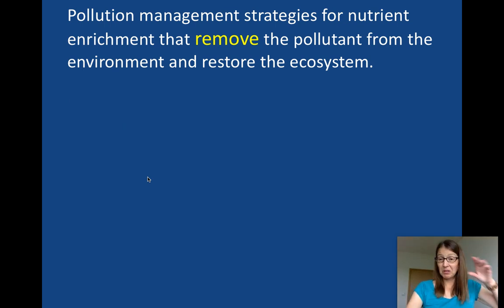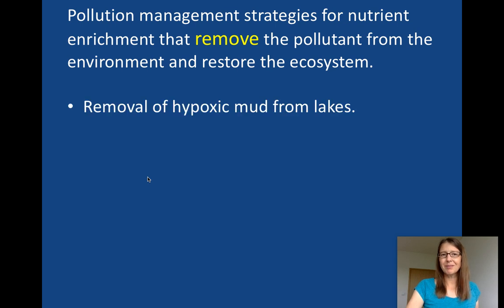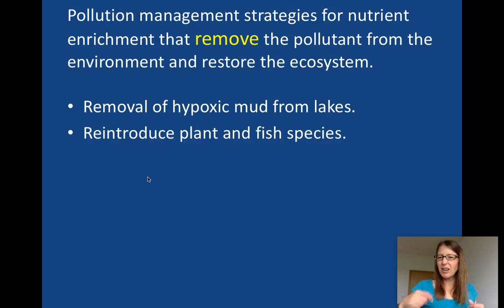And then finally, okay, eutrophication has happened. You've gotten those nutrients into the water. So what do you do? You can either remove the pollutant or you can restore the ecosystem. Right? Well, it's really hard. The hypoxic mud, the mud at the bottom with all the decomposers and stuff, you can actually try to pull that out and drain it out of lakes and things. It's really hard to do. You can actually pump oxygen into it as well.